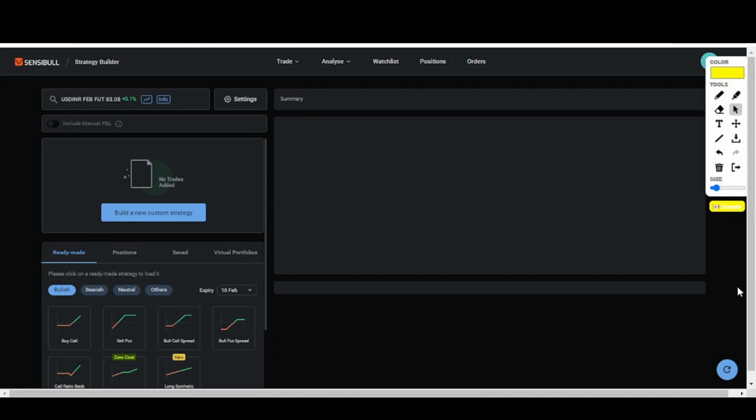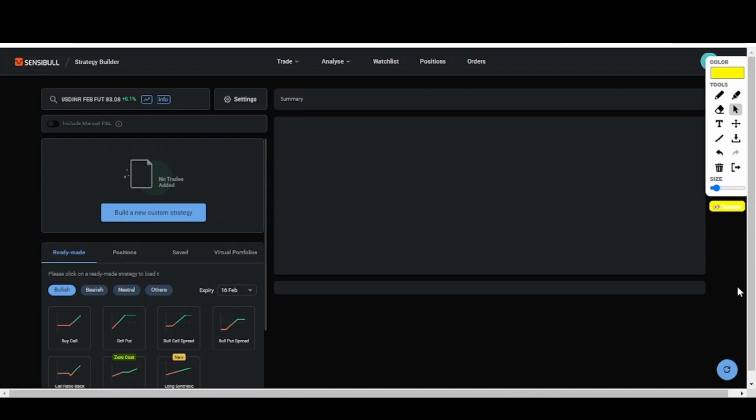Now we are going to understand how exactly we can trade by using options with respect to 30 rupees capital.